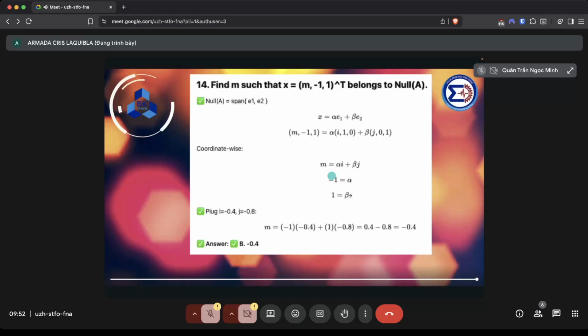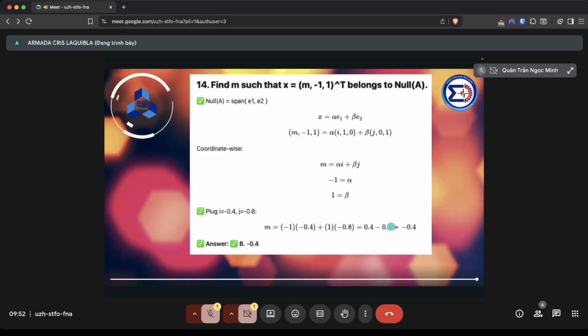And this is very easy. Your alpha is negative 1 now, and your beta is 1 already. And again, your I is negative 0.4, and your J is negative 0.8. You can substitute it now in the first equation, the values of your I, J, alpha, and beta. You have there, your alpha is negative 1, your I is negative 0.4, your beta is 1, and then your j is negative 0.8.